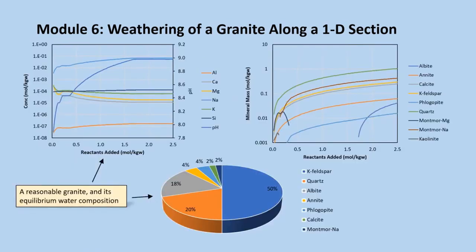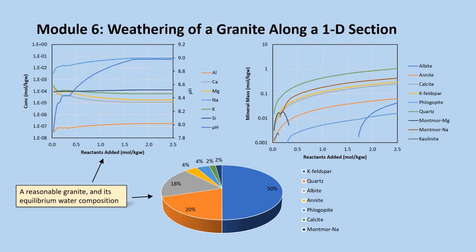So here we see the results of simply trying to set up this problem by this simulated experiment with the resulting groundwater composition and its evolution shown on the left and the makeup of the granite shown on the right. The end result is a mildly alkaline water composition with reasonable amounts of major dissolved constituents that one might expect in a groundwater sample. The end product of the mineral assemblage is, in my view, a very believable granite composition, along with some smectite clay as a weathering product.